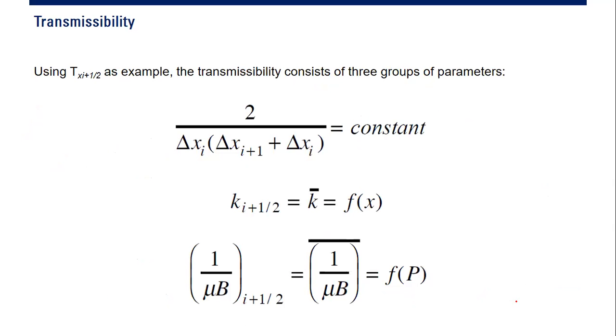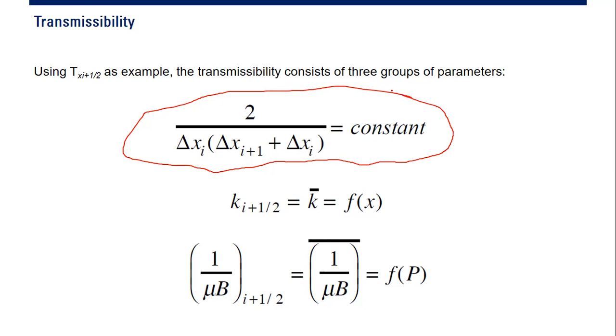Okay, so using T in the X direction at cell i plus half as an example, the transmissibility consists of 3 groups of parameters. This one, 2 over delta X multiplied by something, is actually a constant.